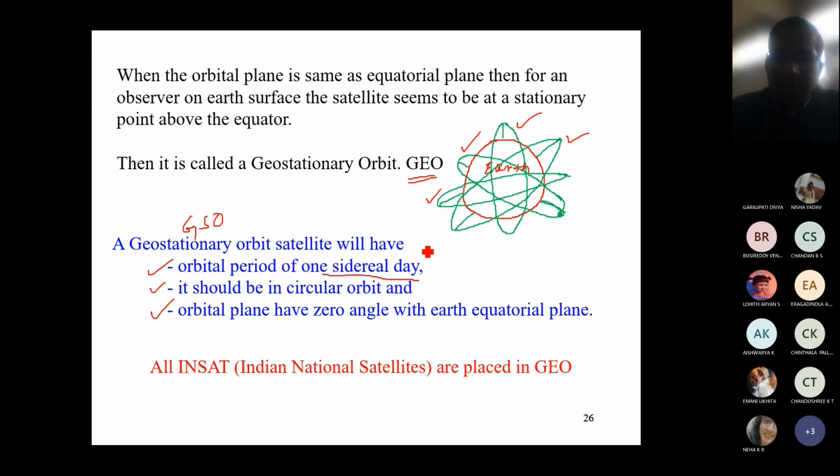One more point I'll add here is that geostationary orbits are located at an orbital height from the surface of the Earth that is equal to how much? 36,000 kilometers. This is another property of geostationary orbit. They are located at an altitude of 36,000 kilometers from the surface of the Earth. But all geosynchronous orbits are not geostationary orbits.